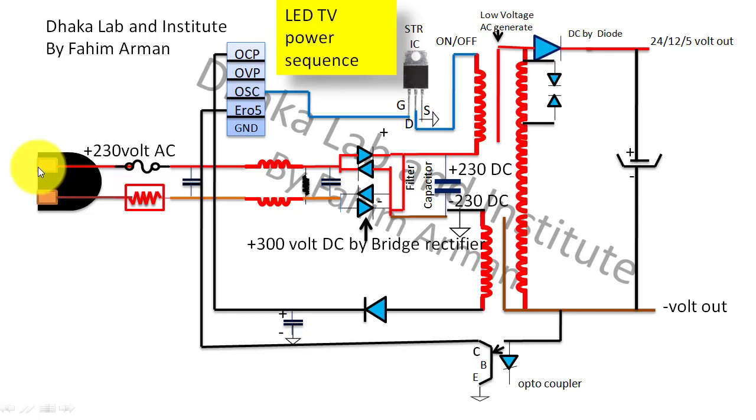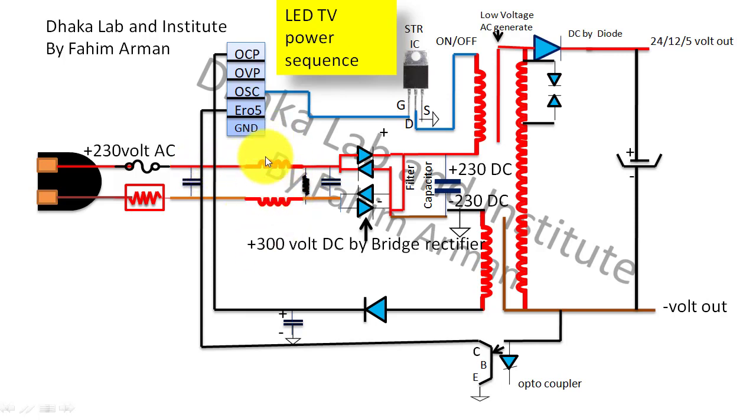First, if you connect the power cable, then 230 volt AC will enter the power supply board. First it will enter the fuse, then through the fuse it will enter the positive point of that polar capacitor, and then the AC voltage will enter that coil.